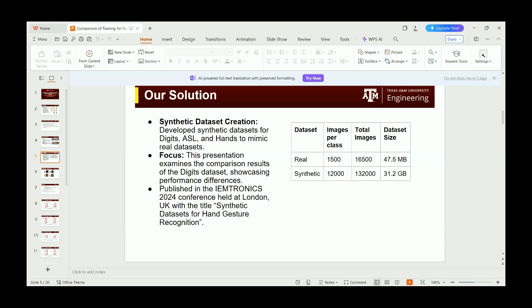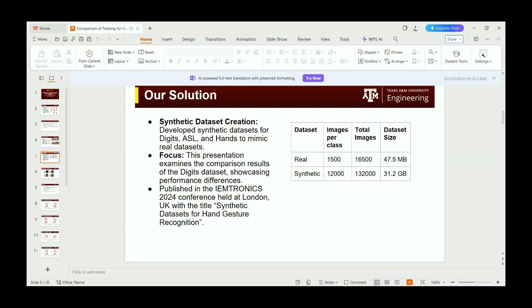This presentation examines the comparison between the results of the digit data set, showcasing the performance differences. We did publish the original hand gesture synthetic data sets earlier on in IM Drawings last year.